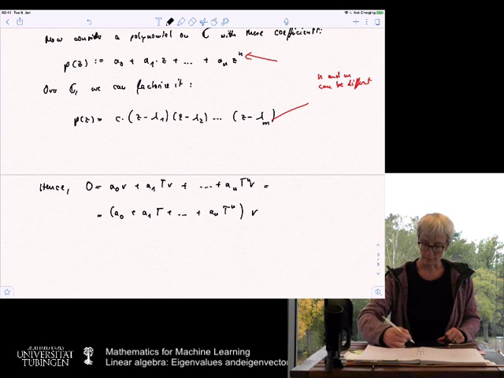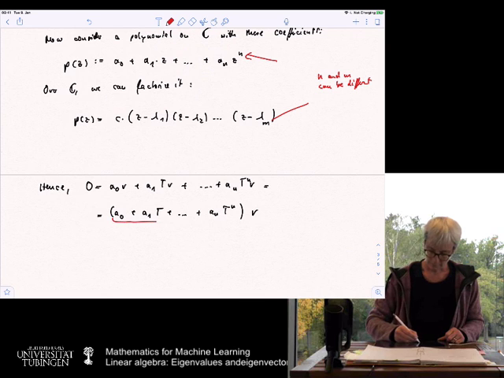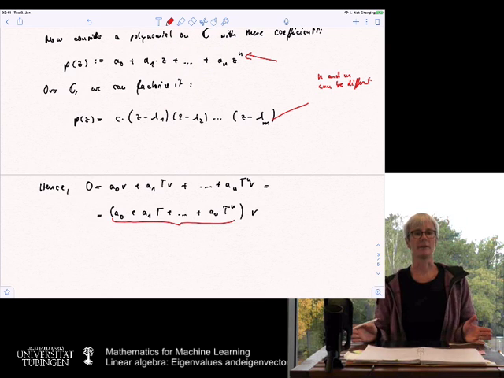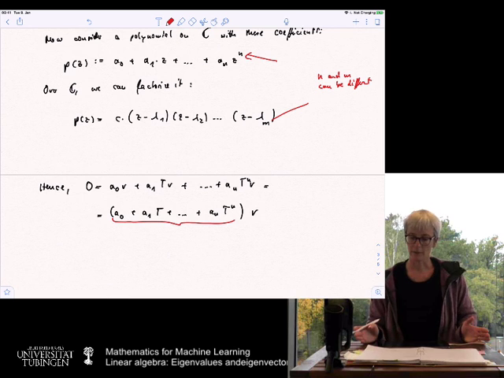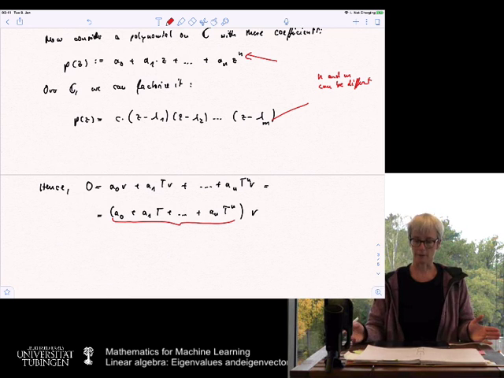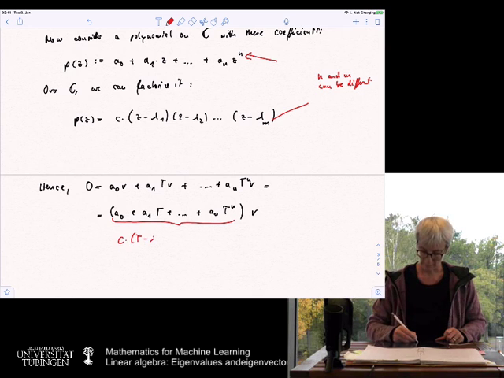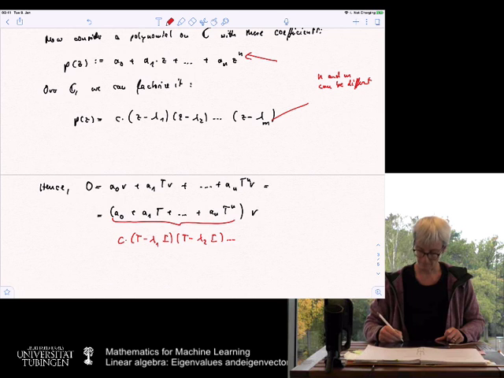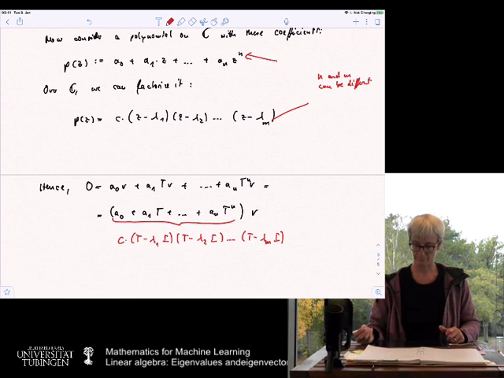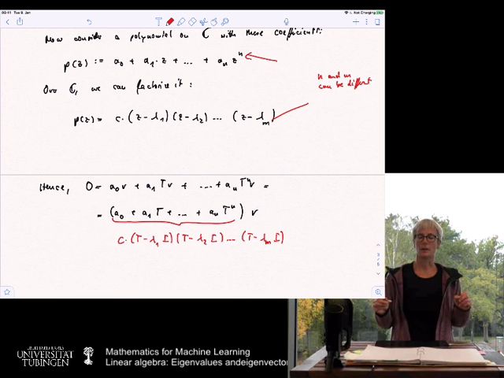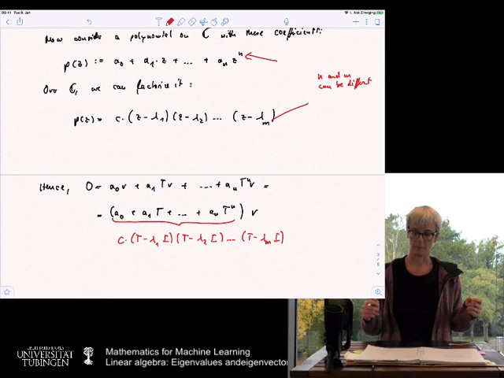This guy here is now a linear operator, and I can write this linear operator in the form of a product: c times (T minus lambda 1 identity), (T minus lambda 2 identity), and so on, (T minus lambda m identity). This is just another way of writing this linear operator.